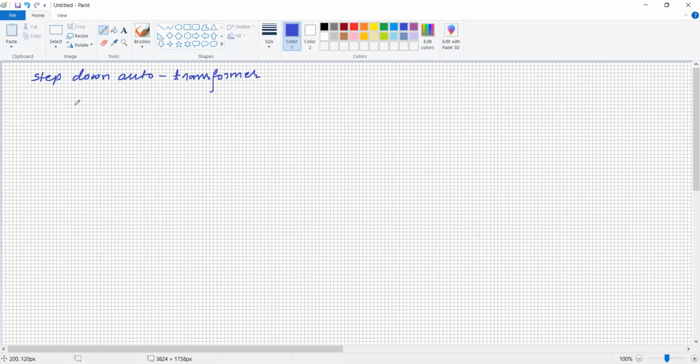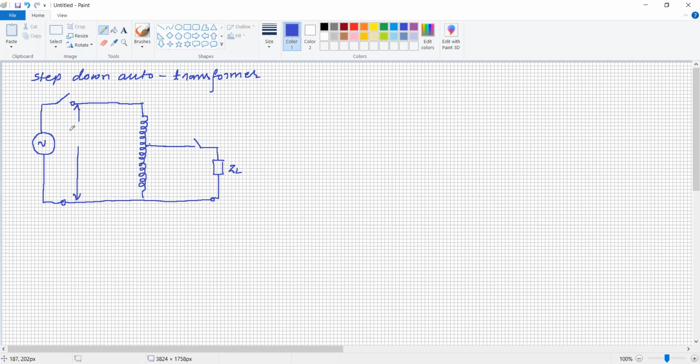Step down auto transformer: first draw the circuit very carefully, because in the auto transformer we may get confused. The voltage on this side is V1, with terminals A, B, C. The number of turns here is N1.